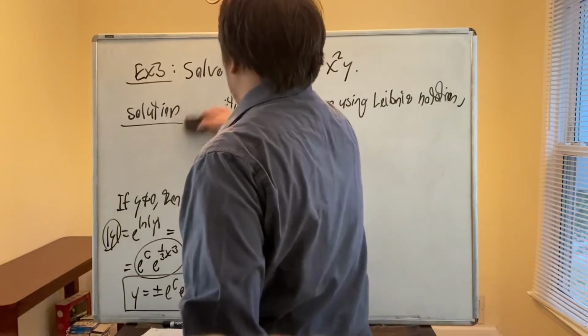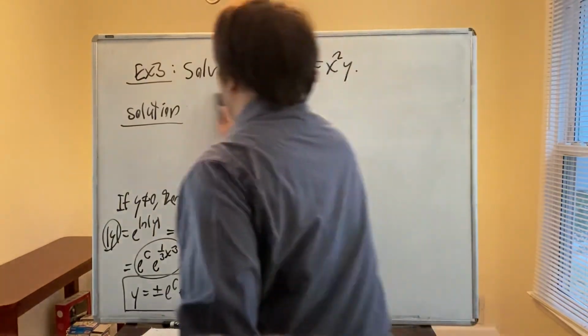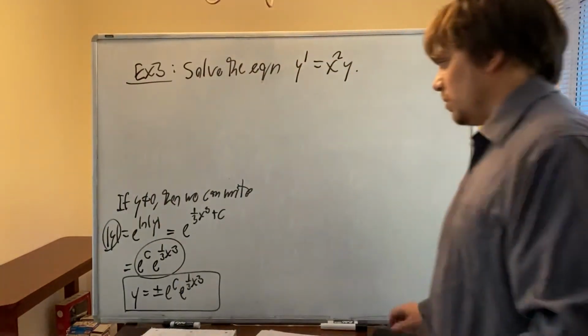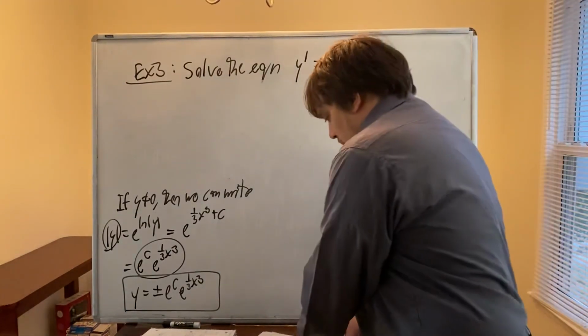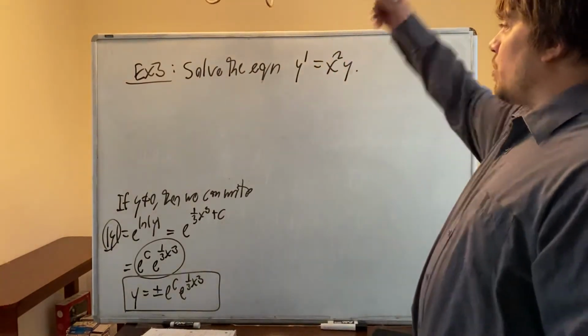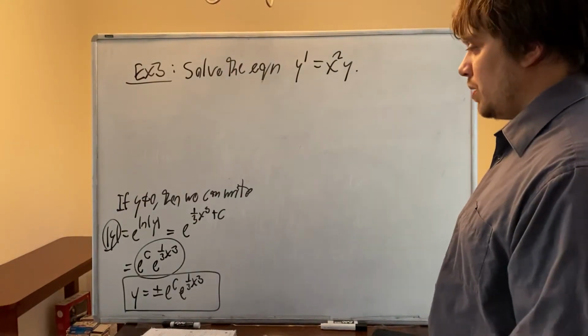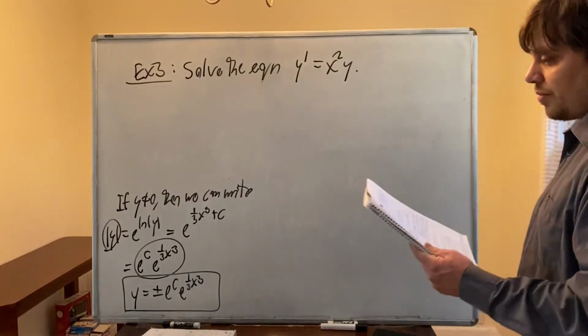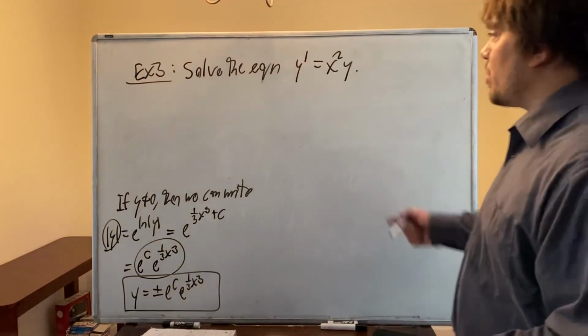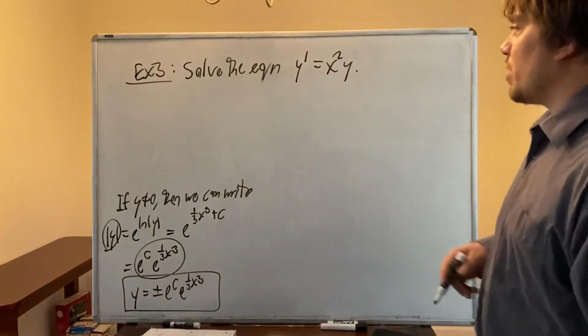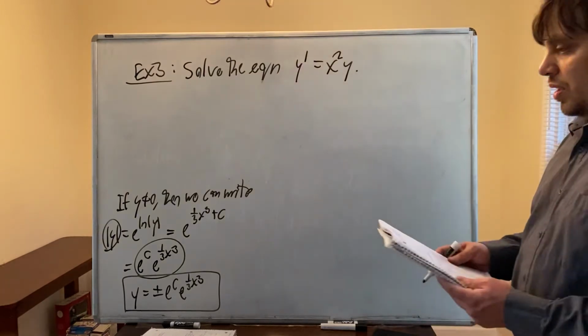So I'm going to erase this stuff here. Okay, so if y equals 0, so y equals 0 is also a solution because if you plug in y equals 0, you just get 0 on both sides.